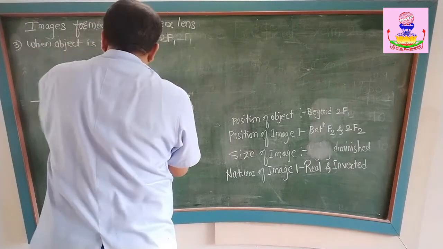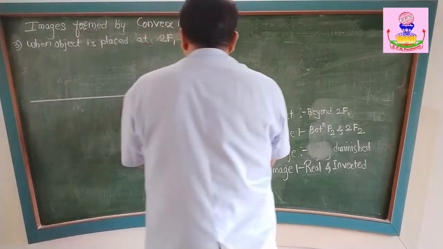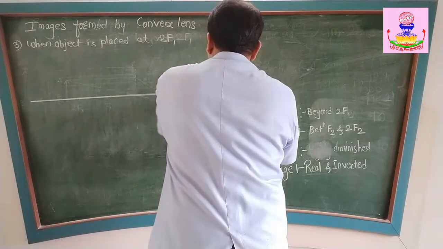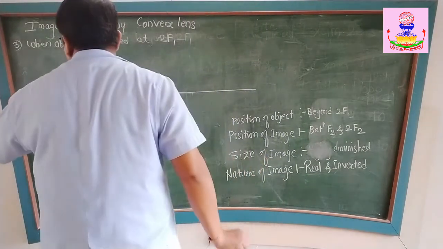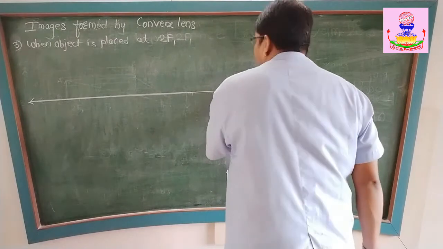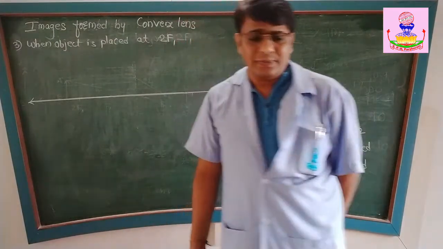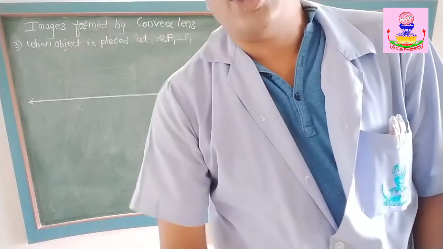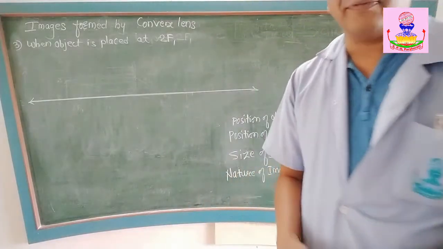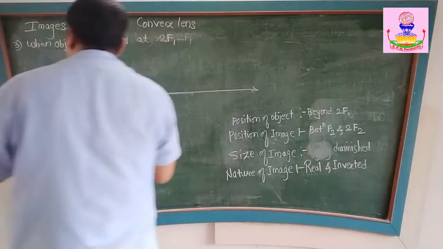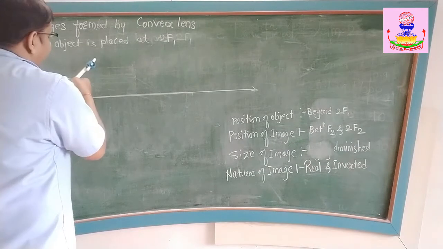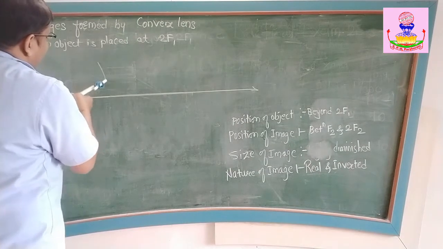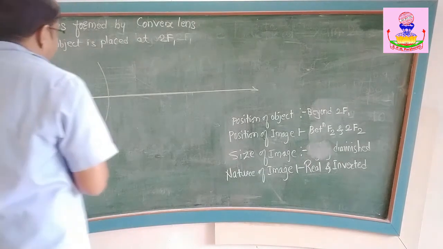Now this is the most crucial and important position of the object. I will tell you why. You need to be pinpoint accurate, because a small mistake here can give you the wrong position of the image. So you have to be very accurate as far as measurements are concerned. Okay, so try to do that.